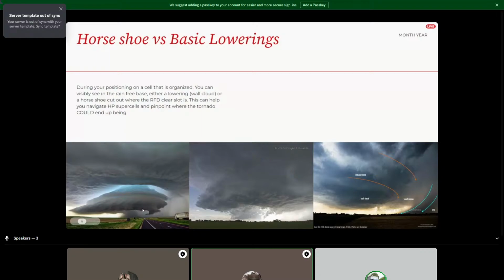This is very helpful because if you're on the other side of this precip, you can follow the lip all the way up to the northeast, and you would know that there's a tornado there. Obviously, I do not know that there's a tornado there, but assume that there is one.